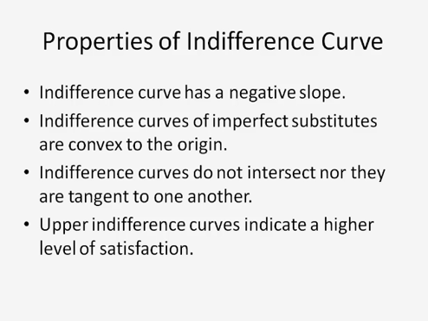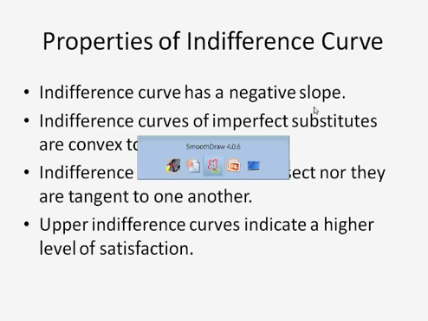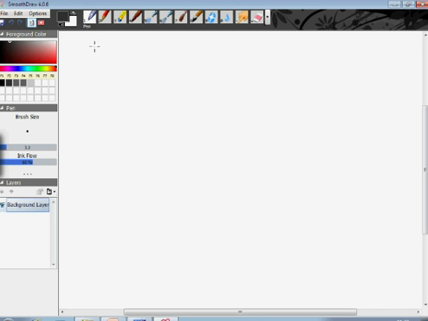Now we move on to explain the different properties of the indifference curve. The first one is that the indifference curve has a negative slope. So our first property is that the indifference curve is negatively sloping.